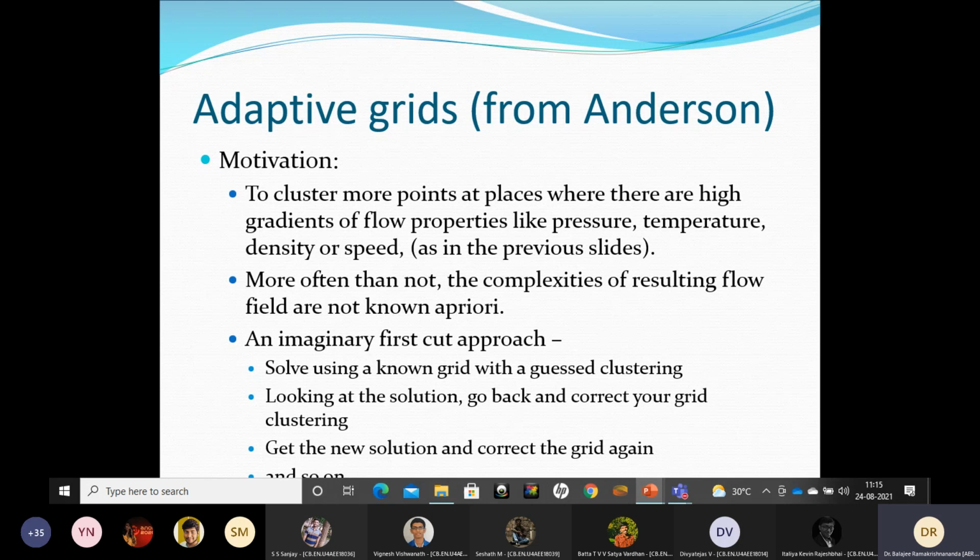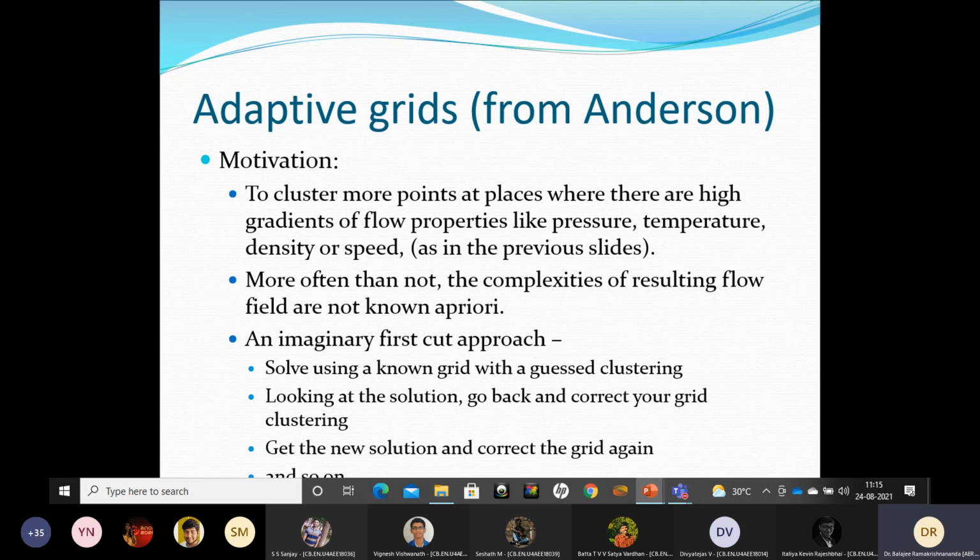So now the motivation is to cluster more points at places where there are high gradients of flow properties. These flow properties may be pressure, temperature, density, or speed, depending on the problem you have. More often than not, the complexities of the resulting flow field are not known a priori.